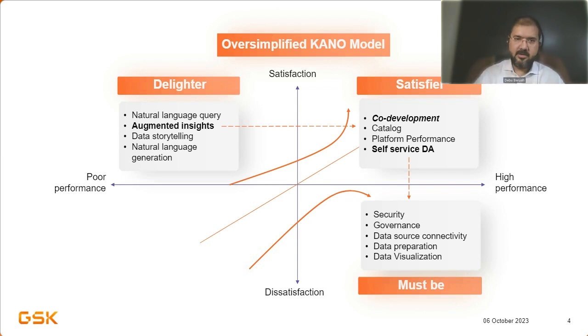The catalogs. If I have a ready reference, I can show it to my end user and start developing based on those. Those are good-to-have things. Platform performance, for us to develop and for our end users to consume, both are equally important.